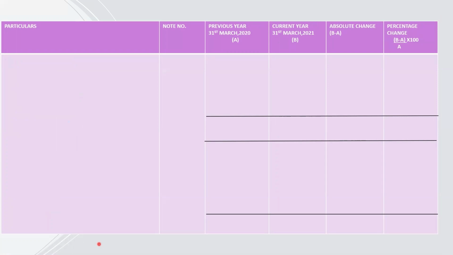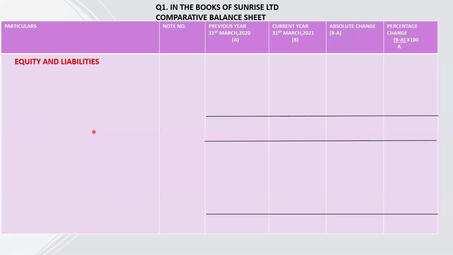Question number 1 of T.S. Grewal edition 2021. We have to prepare comparative balance sheet in the books of Sunrise Limited. We will only write those items which are given in this question. So first we have shareholders fund, which will come under equity and liabilities.